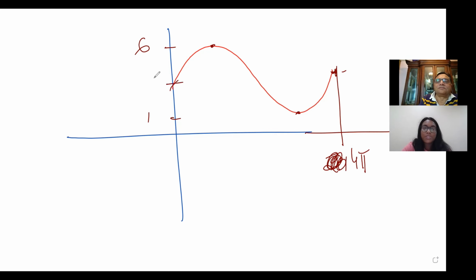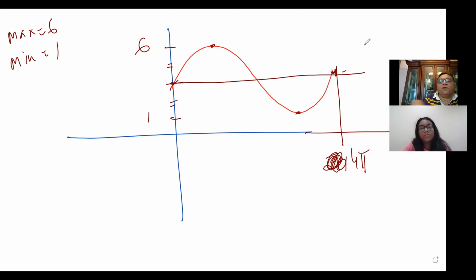So first we do y equals sine, and then first we have to find the amplitude. We know that the maximum is 6 and the minimum is 1. So the axis will be what?